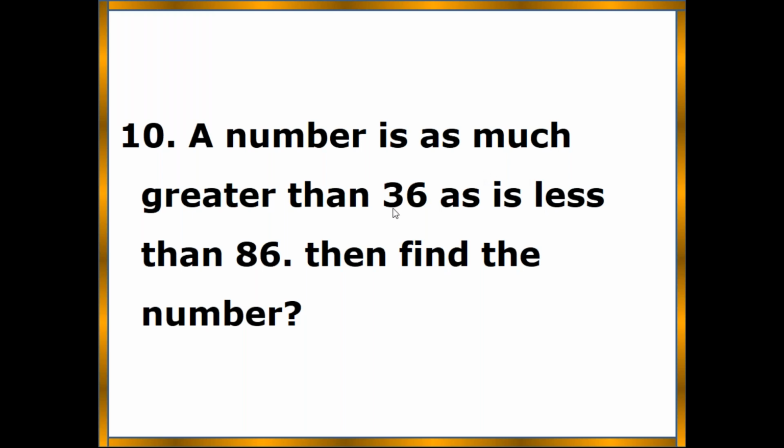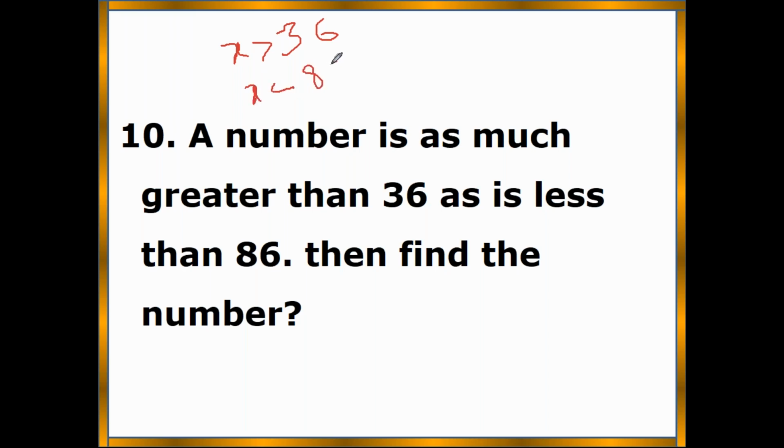So a number is how much greater than 36? We don't know, but read the problem, understand the concept. The number is greater than 36, and the same number is less than 86.